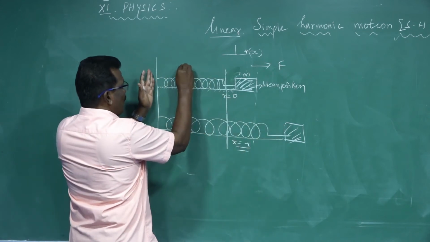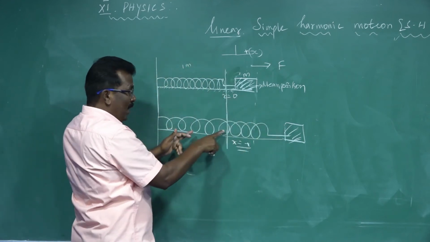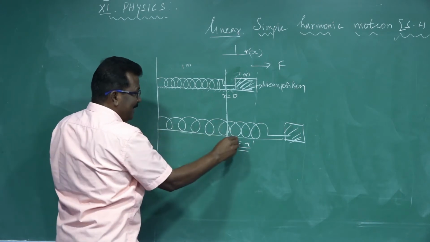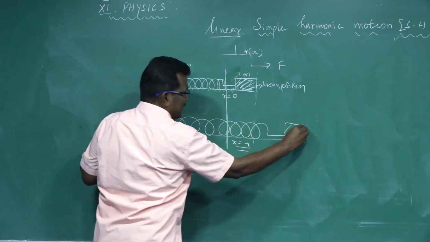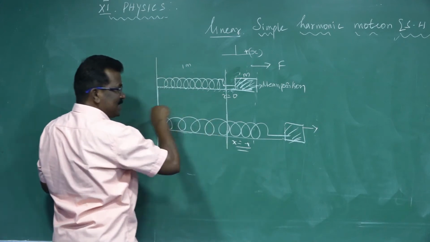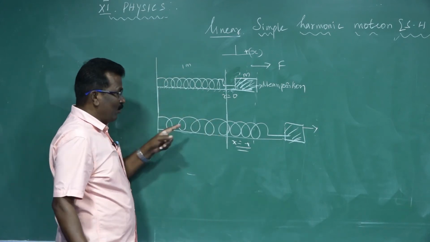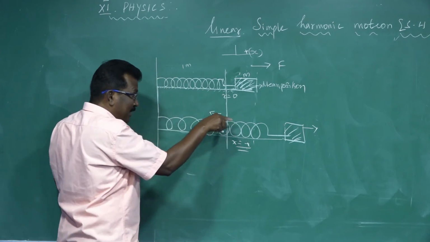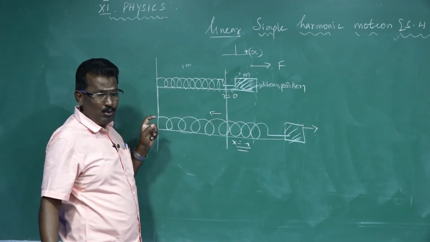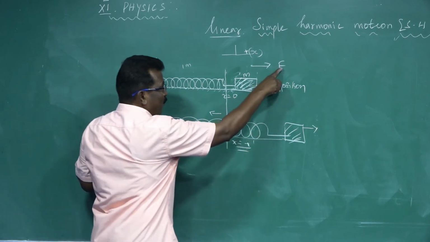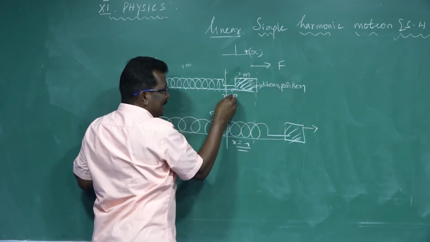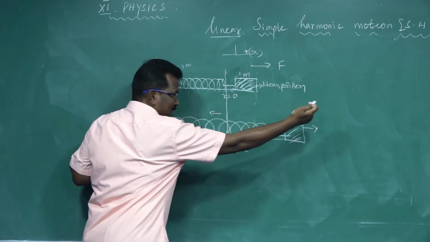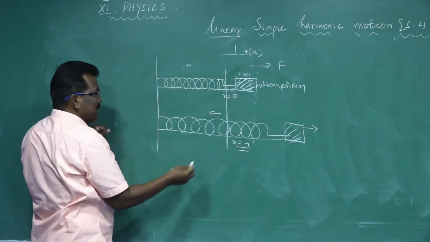So when the force is applied along the positive direction, the spring is elongated. Immediately a negative force acts on the spring, trying to bring it back to the original position. So the force applied produces a displacement, and the spring always tries to bring it back.